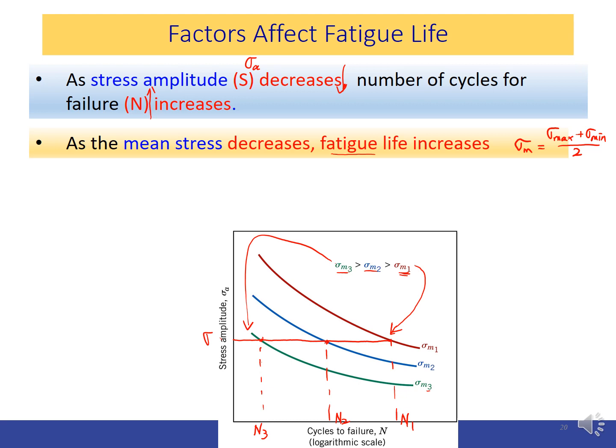And since the N-axis increases to the right, then we know that N3 is smaller than N2 and smaller than N1. So which means when the mean stress decreases, the fatigue life increases.